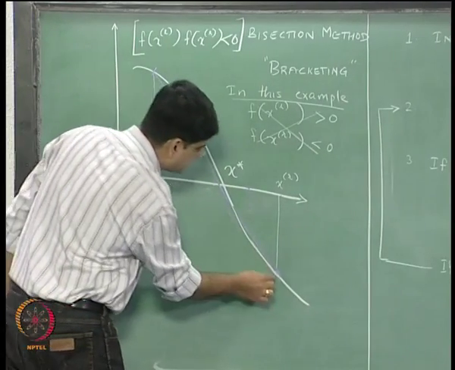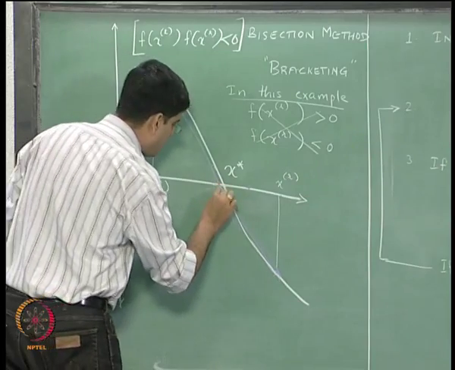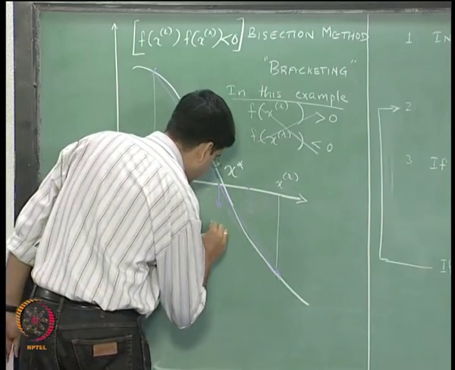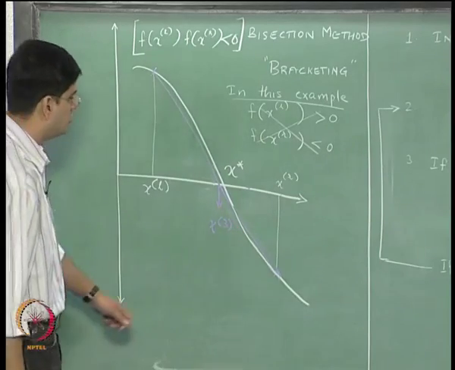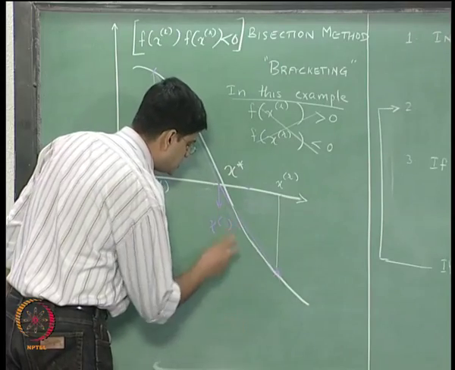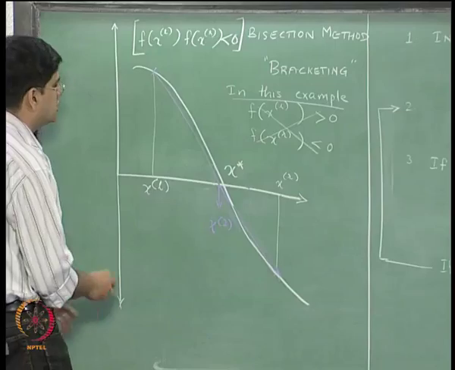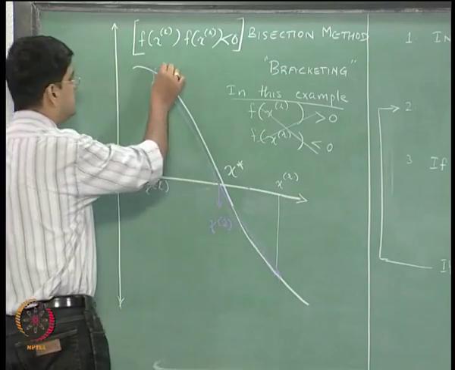So this is a straight line that we are going to connect between these 2 points, and the point where the straight line intersects the x axis, we are going to call that our x_2, and then we will keep repeating this procedure again and again till we reach our desired solution. So now the question is, what is really this particular point?